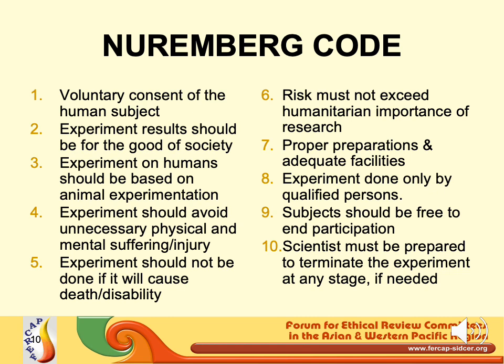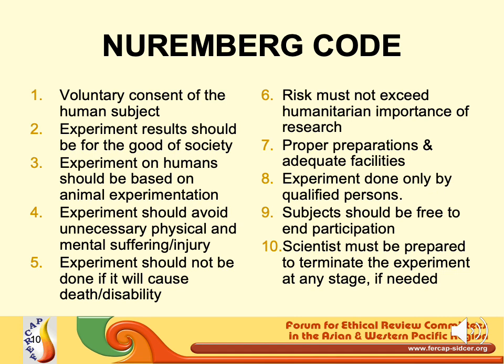Number four, experiment should avoid unnecessary physical and mental suffering and injury, which means that the researcher must evaluate the risk of any kind of human experimentation and try to minimize them. At the same time, it is the duty of the ethics committee to avoid unnecessary physical and mental suffering or injury that could accrue to the subjects.